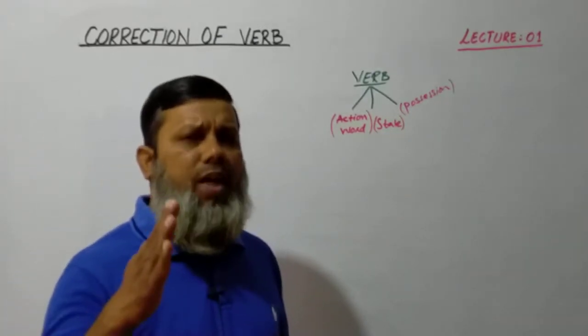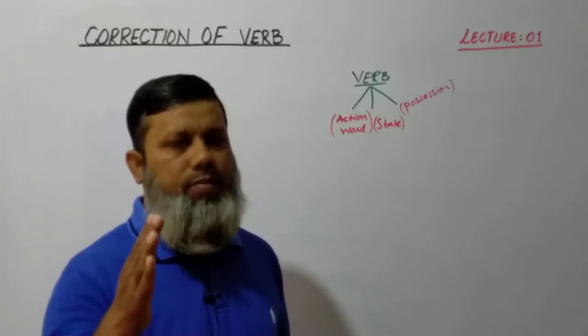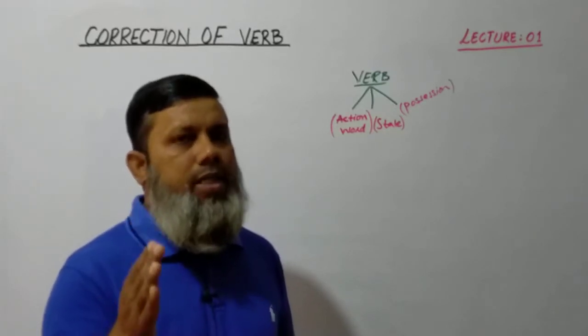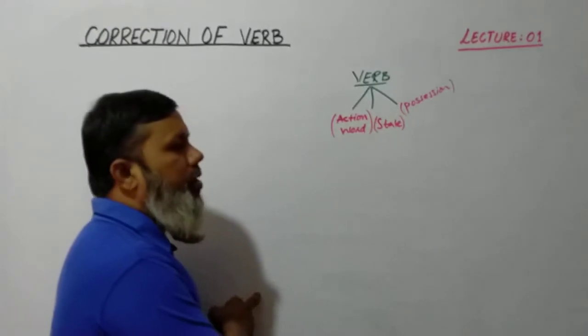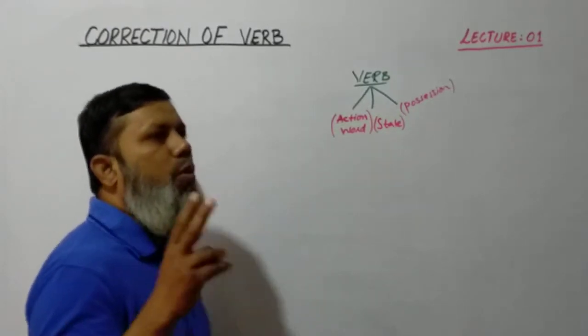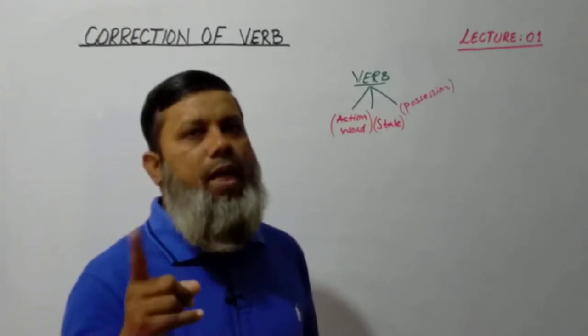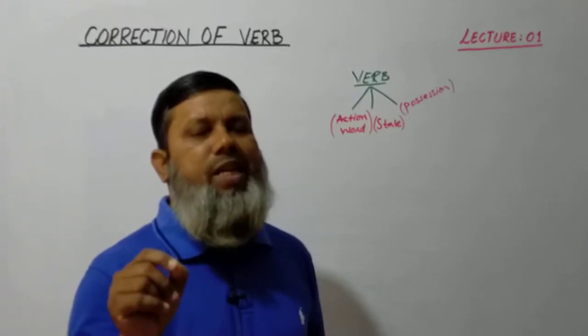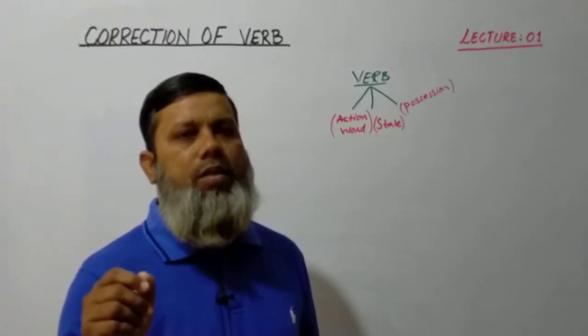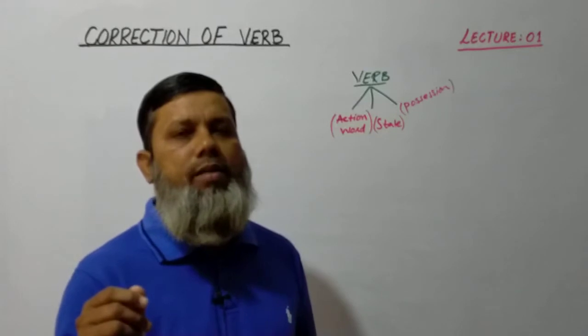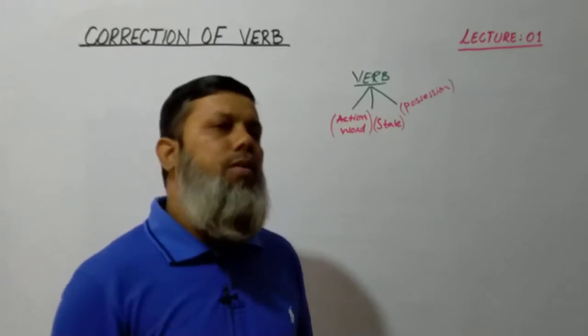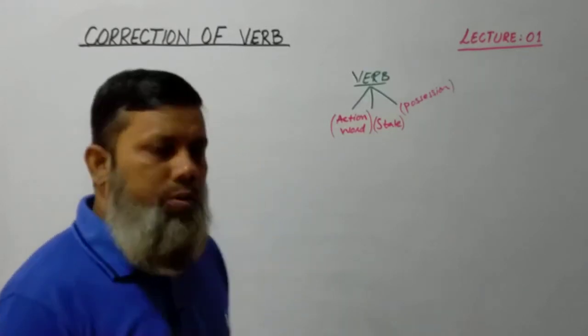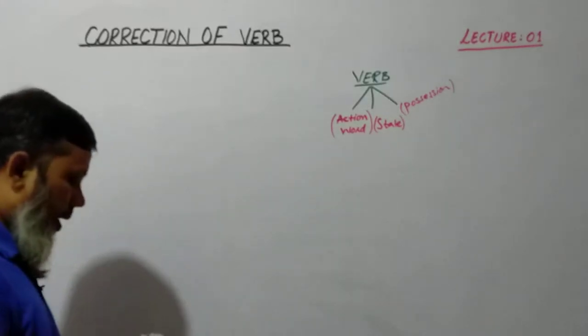Because you have a clear vision of black. You will say it's white. You know the complete difference between black and white. That's why you understand what is black and what is white. So look here, corrections of verb.